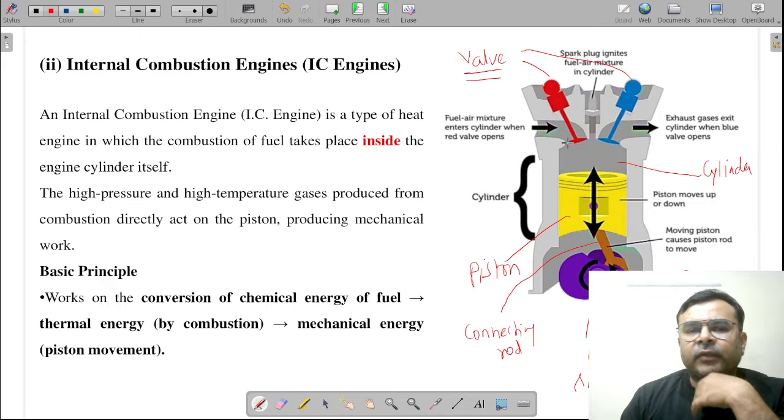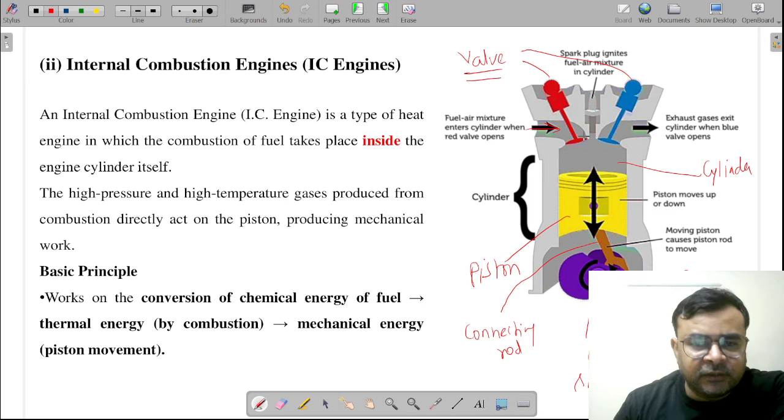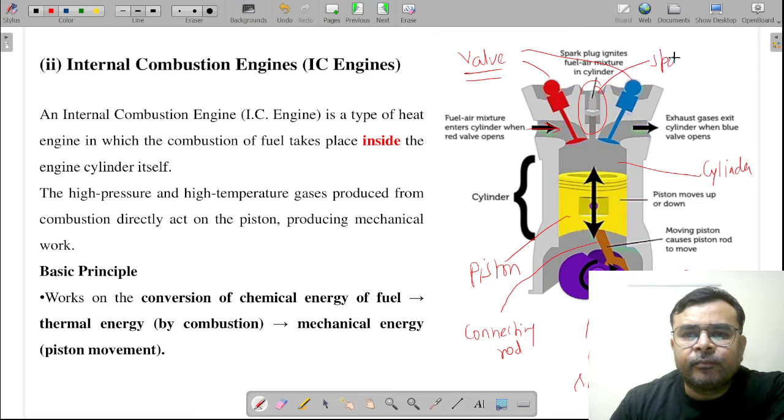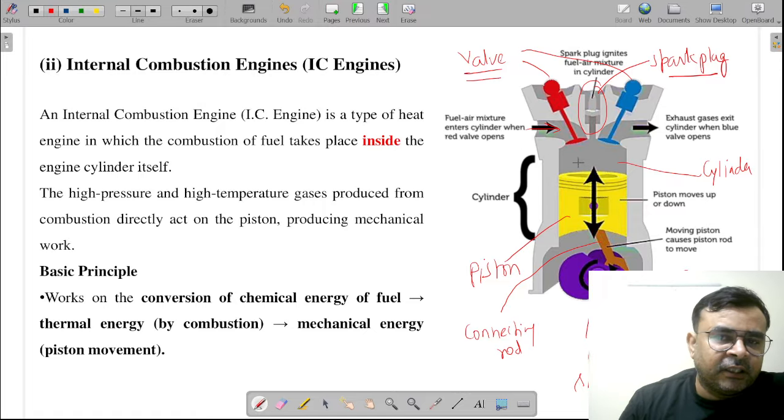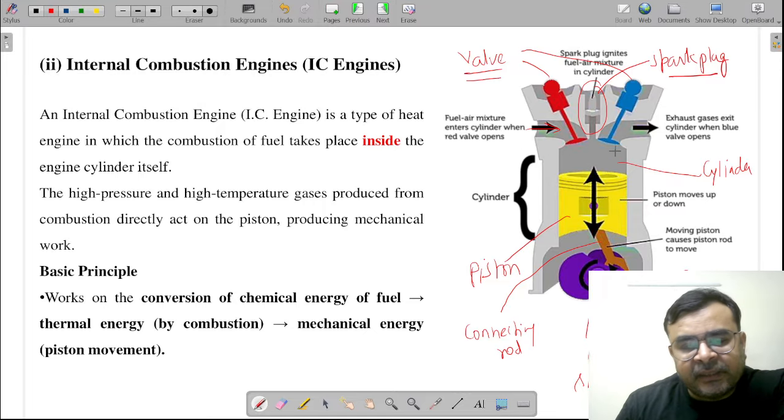So of course, from here the fuel air mixture can enter into the cylinder, and once it gets fired, of course here we have a spark plug. This is a spark plug. Is it right? So when you spark this fuel, I'm not talking about the entire operation of this internal combustion engine. I'm just talking about the basic parts and the basic process.